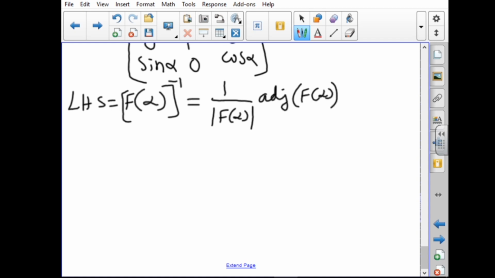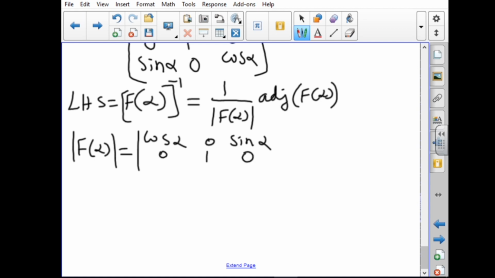So first we will find the determinant of f of alpha, which is the determinant of cos alpha, 0, sin alpha; 0, 1, 0; minus sin alpha, 0, cos alpha. We know the expansion.